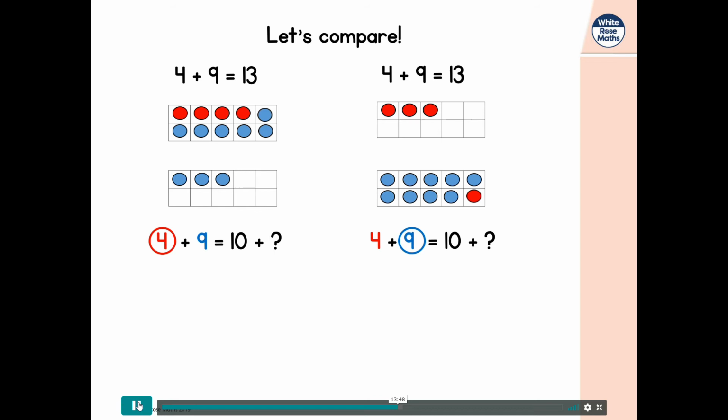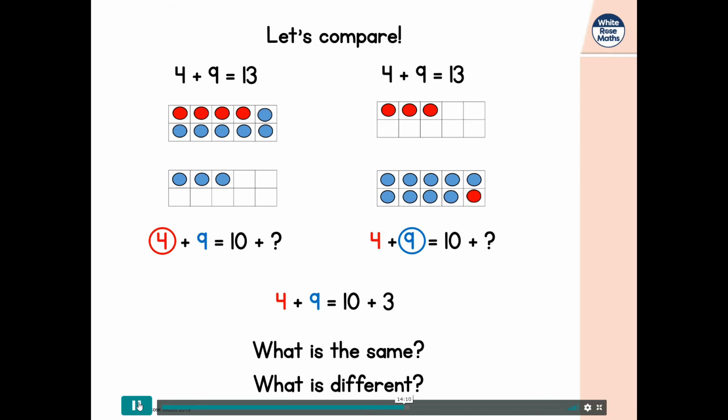We then could see that 4 plus 9 is the same as 10 plus 3. In both cases, we showed exactly that. 4 plus 9 is the same as 10 plus 3.